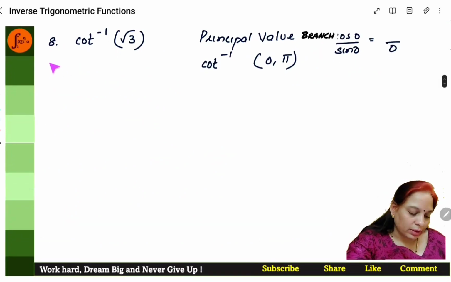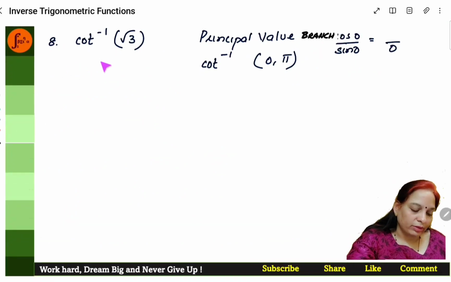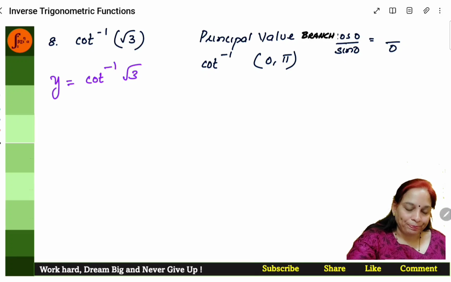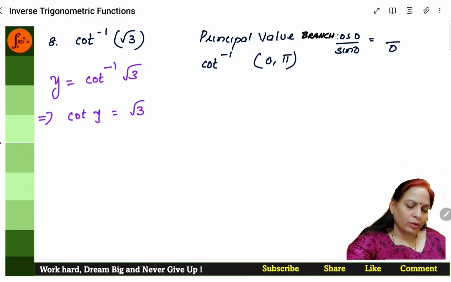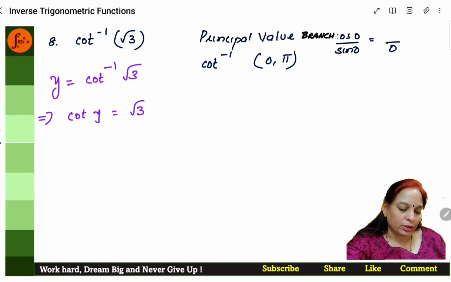Now let's look at this 8th problem. Cot inverse of root 3. So y is equal to cot inverse of root 3 means cot y is equal to root 3. Now what is the principal value branch? This belongs to the cos group, that is 0 to pi.